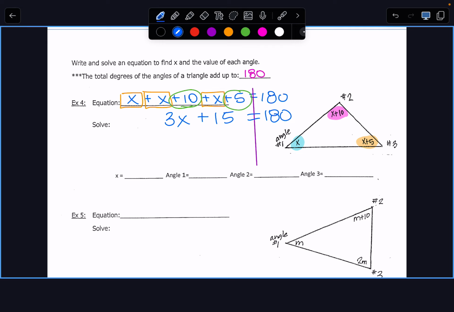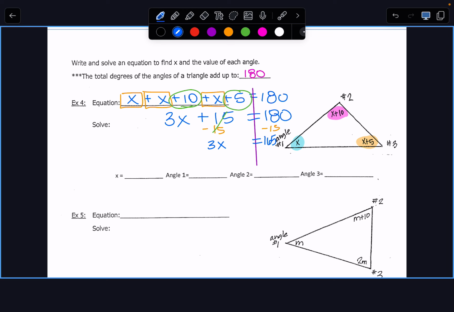Okay, let's get x by itself. Let's solve for x. What do we do first? Jacob Tanner, what number do we move? 15. Let's subtract 15 from both sides. 3x equals 165.